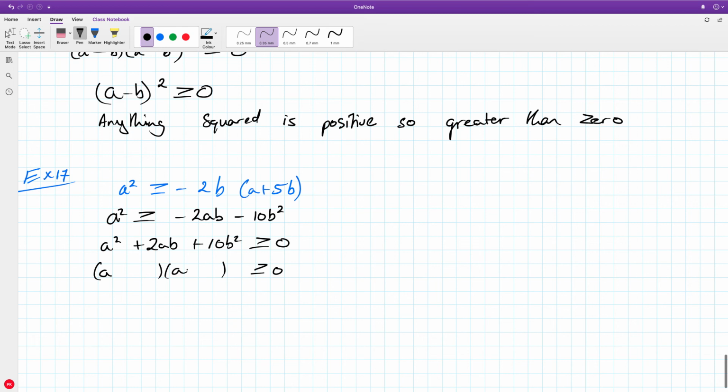A and A. Minus 5b, minus 2b, minus 2ab using minus 7ab.